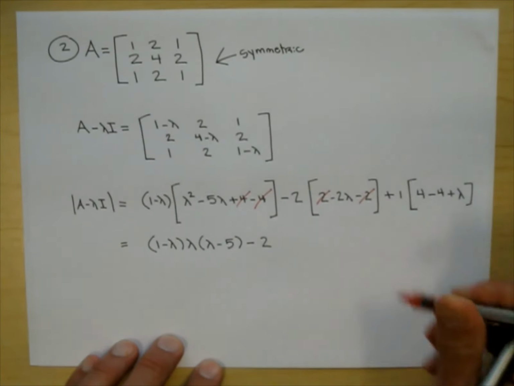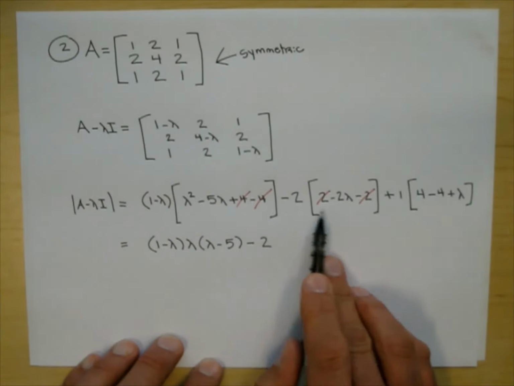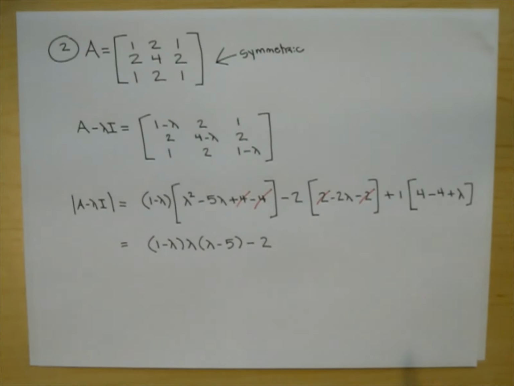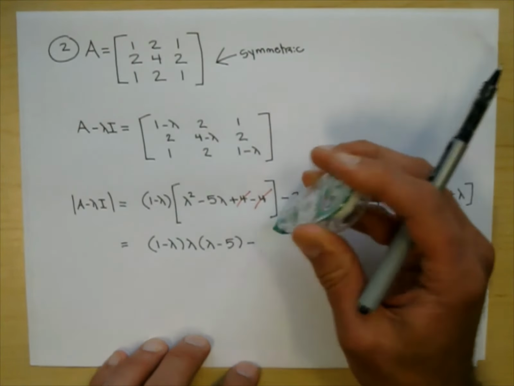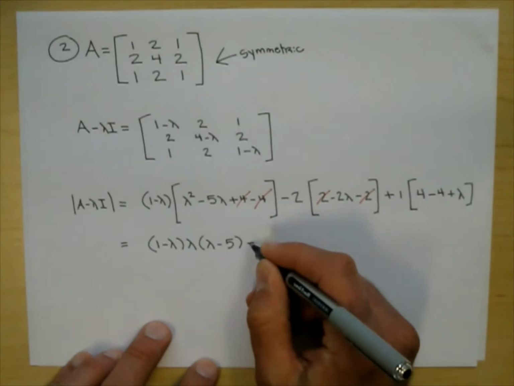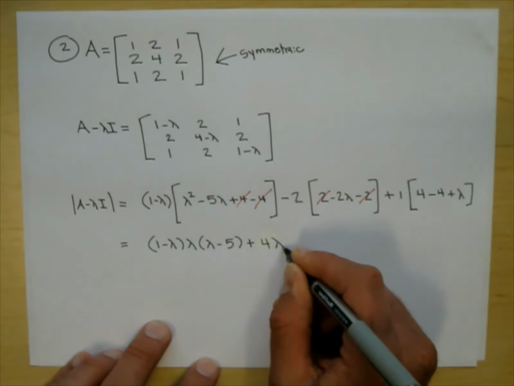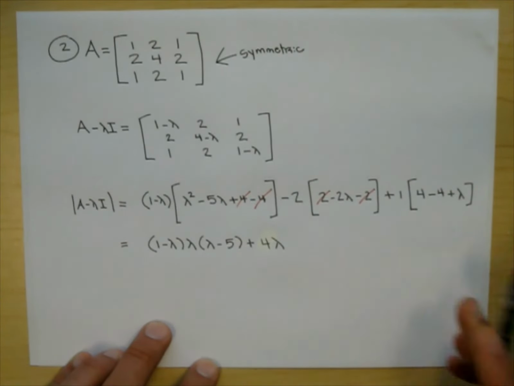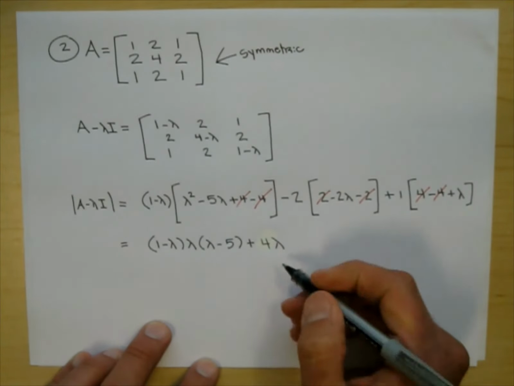Those 2's are out of there. Actually, what I could do is this is actually 4 lambda. Okay, so plus 4 lambda. And then over here, those guys cancel, and I have plus lambda.